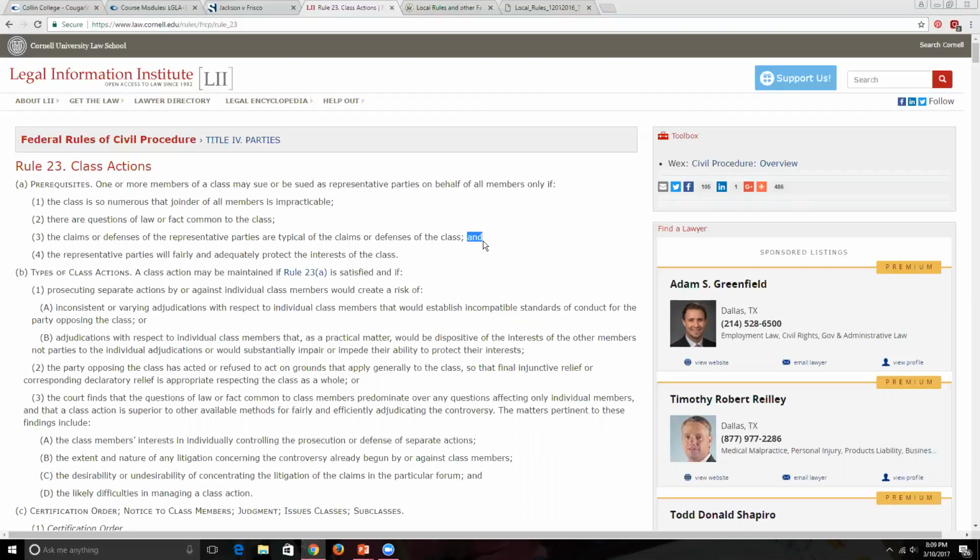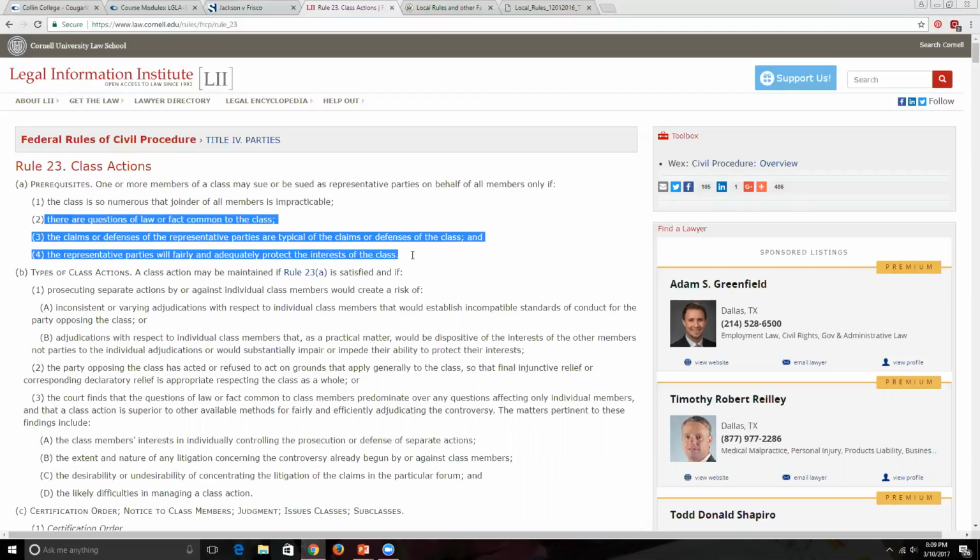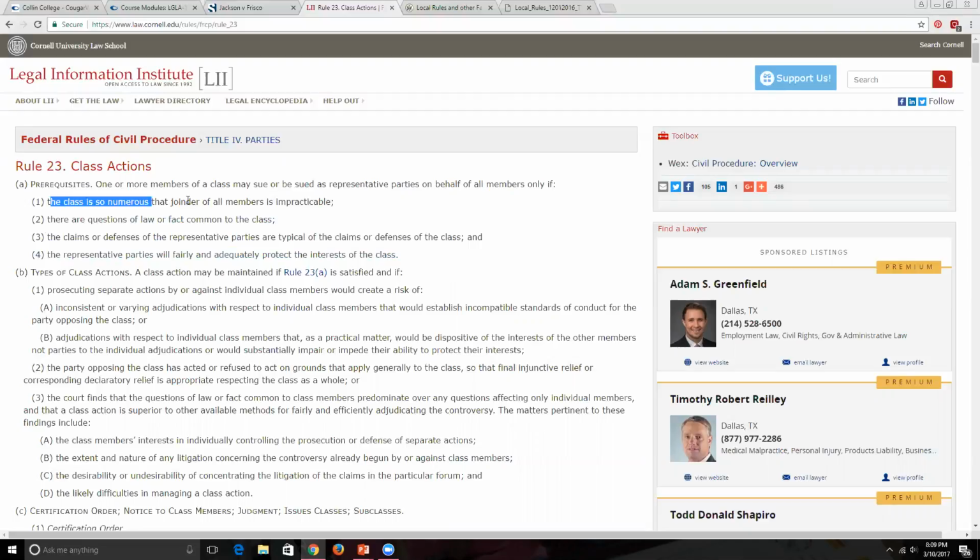We all know what and or or mean, but just a little refresher. And means that you have to have all 4 of these things. If you're missing even one, if you have 2, 3, and 4, but you're missing 1, guess what? You can't have a class action. Or let's say you have 1 and 3 and 4, but you don't have 2. Guess what? Can't have a class action, because and means you've got to have all 4.